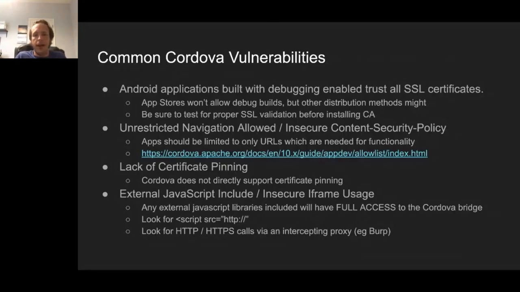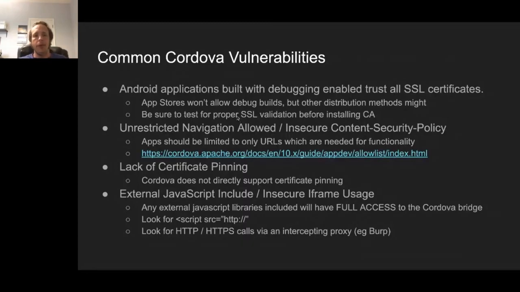It shocked me, and I had to do a double take. So if you're testing an application with debug mode, I really recommend that you test for the SSL certificate validation before you install your rogue certificate authority. For example, if you're using Burp, you want to install Burp's CA on the device, but I recommend testing it before you install that to make sure that this isn't happening.